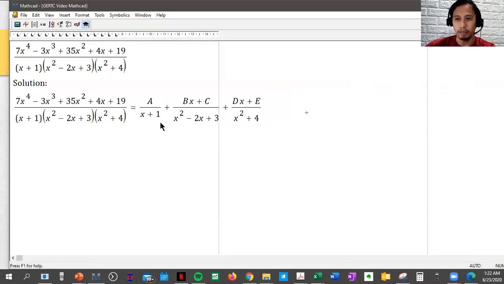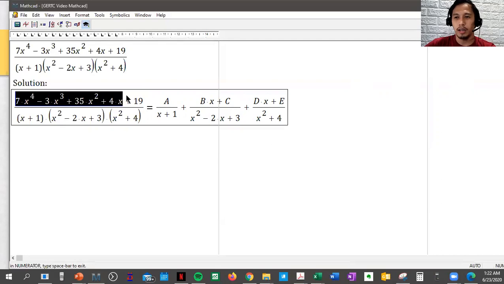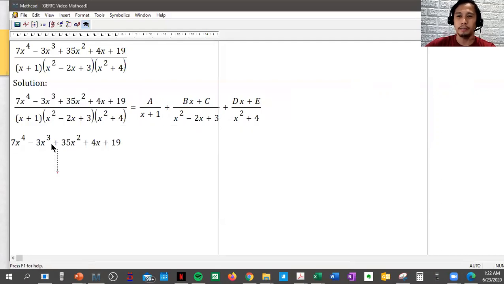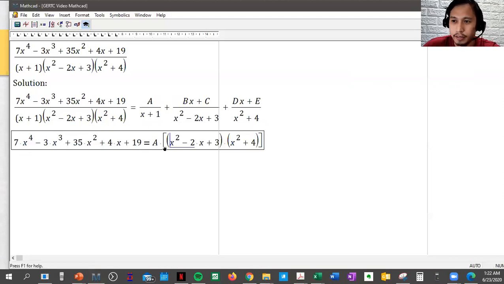To solve them, do what we did earlier, like doing cross multiplication, multiplying the right side by the denominator on the left. So what remains on the left side is just this. And the right side is equal to a times what? The x plus 1 cancels, so what remains is this.